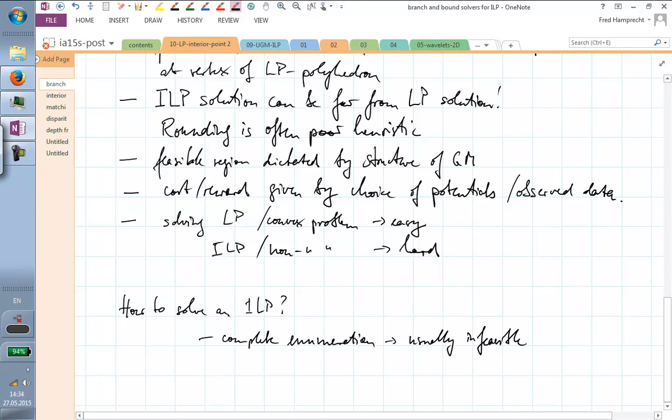So let's take the GrabCut example. Let's say we have two possible states, foreground or background for every pixel. And let's say we have a megapixel image. So we have 2 to the power of 10 to the 6 possible states to try out. You don't want to do that exhaustively.